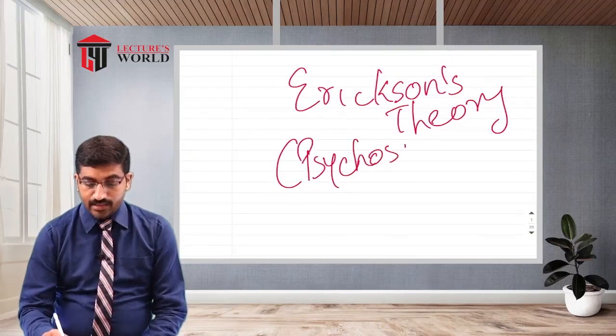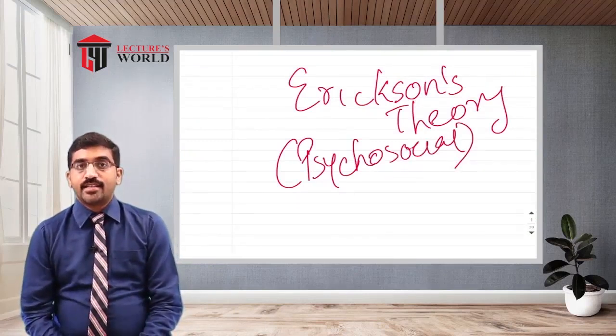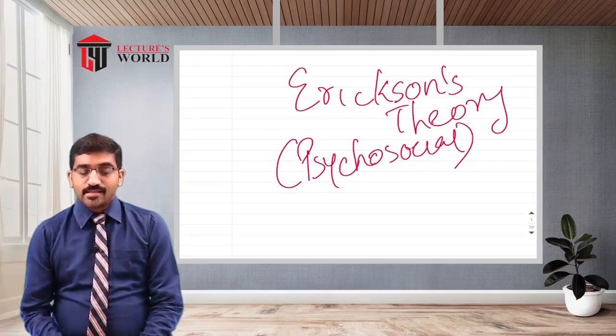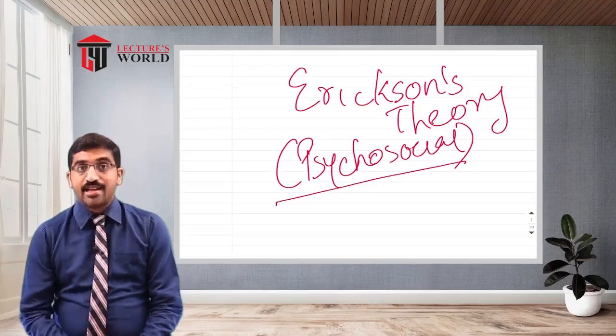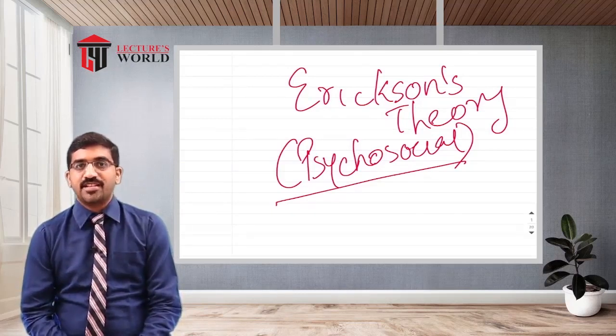Same like the personality theory we have seen by Sigmund Freud, psychoanalytical, psychosexual. The same way Erikson has made it as per the age group. Do you remember the psychosexual stages given by Sigmund Freud? Like oral stage, anal stage, phallic stage, latency stage and genital stage. That was according to different age groups, right?